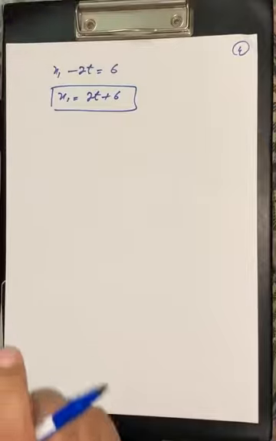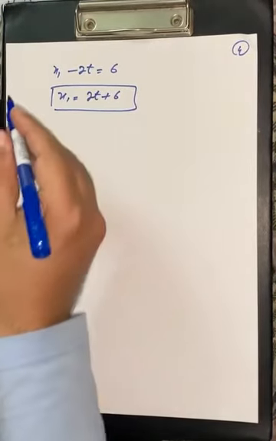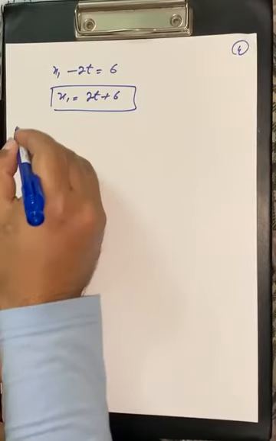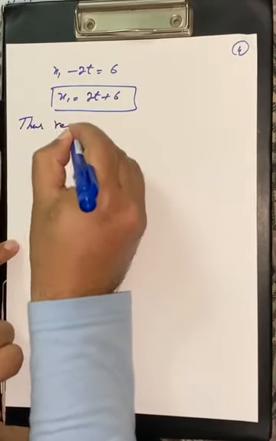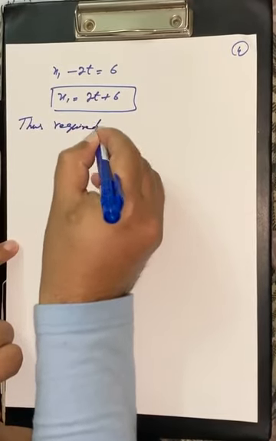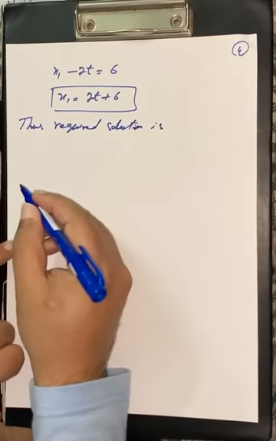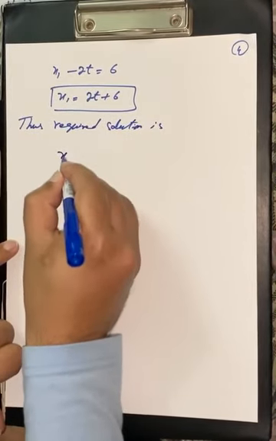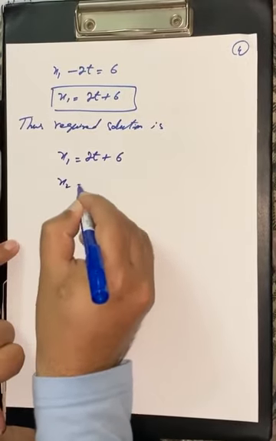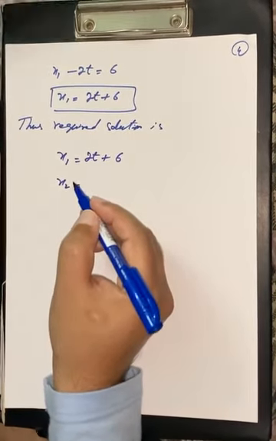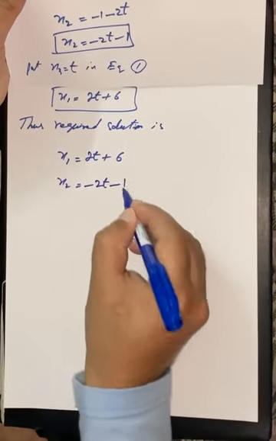Okay dear students, I made a rectangular box around them. Thus the required solution is, we just arrange it. First x1 we write: x1 equals 2t plus 6. Here we got the x2 value: x2 equals minus 2t minus 1.